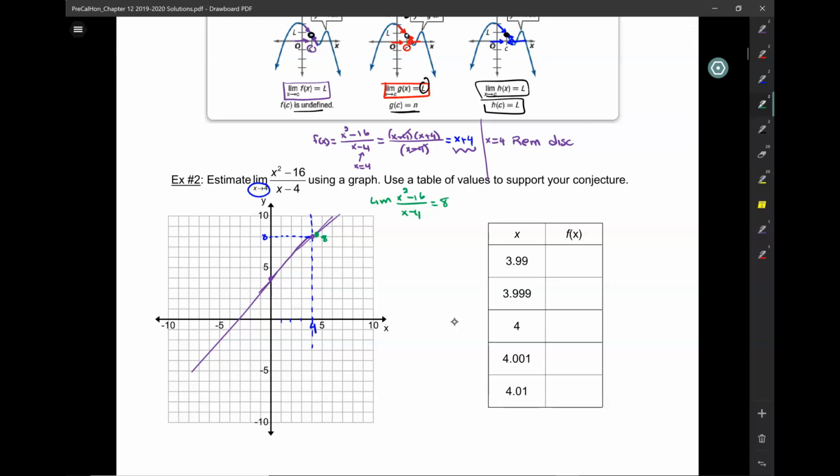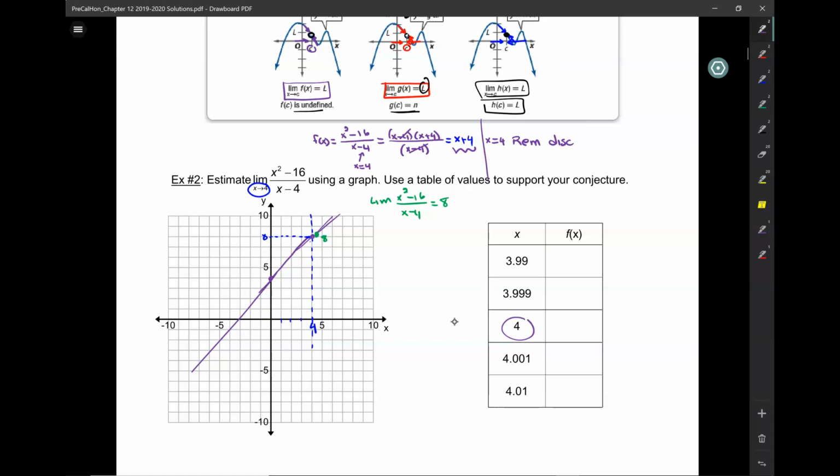And now, if we wanted to support this conjecture numerically, what we would do is the same sort of table. The value where I'm checking for the limit, x equals 4, is in the middle, and then I'm getting numbers that are getting exceedingly close to that number.